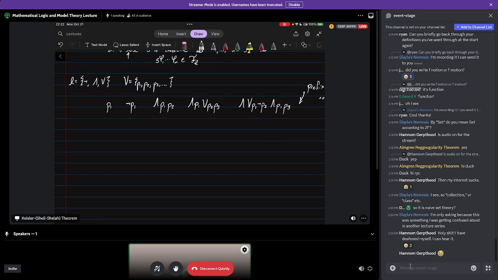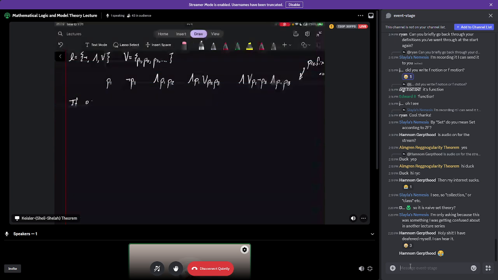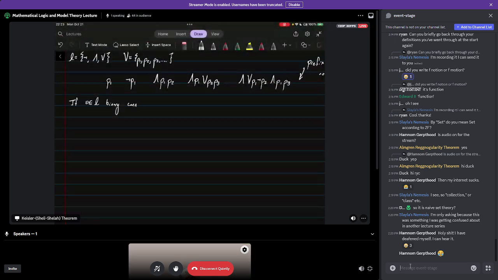So we're going to adopt the custom that for a binary connective, instead of circle phi psi, I will write phi circle psi in parentheses.